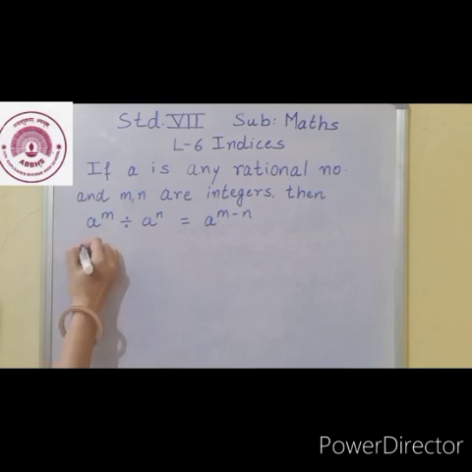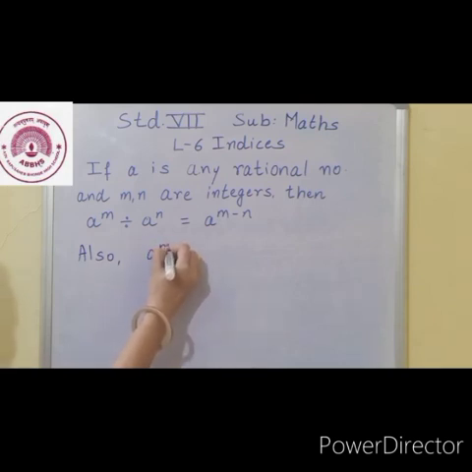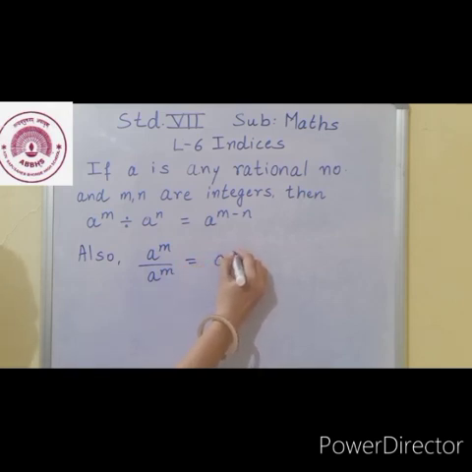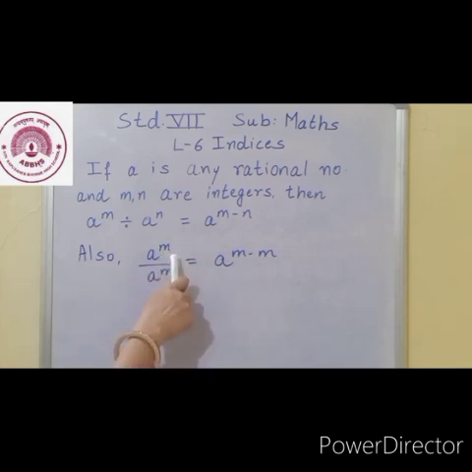Also, a raised to the power m divided by a raised to the power m, according to this rule, can be written as a raised to the power m minus m. As you know, here are same numbers in numerator and denominator.